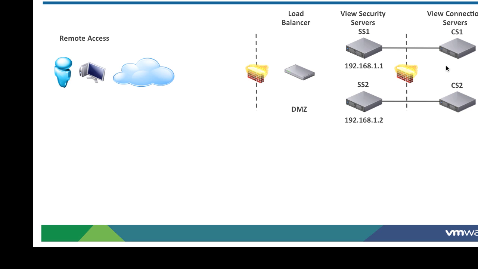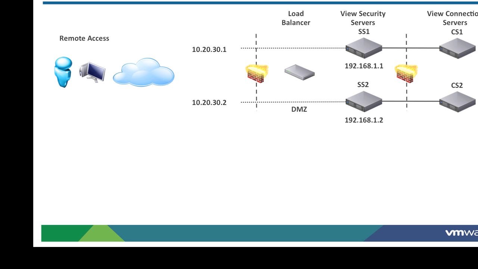So let's say that the IP addresses of each of those security servers are 192.168.1.1 and 192.168.1.2. These are the IP addresses of the security servers themselves, and because of the NAT firewall device here, are not the addresses used by the View client to access the security servers.